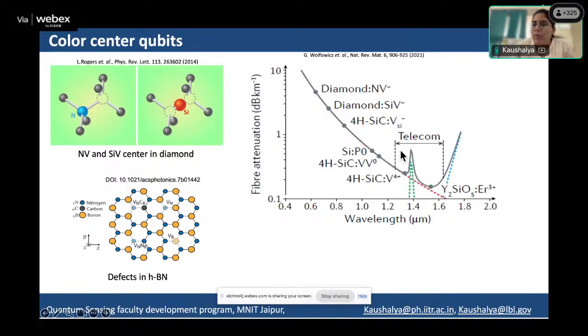But if you talk about particular applications where you have to establish long distance communication, then you essentially need a photon in the telecom band, because that's where you can easily use optical fibers, and optical fiber has fewer losses in the telecom band.